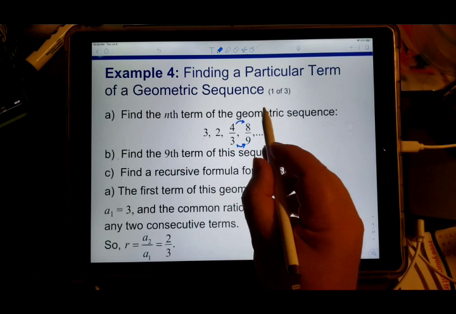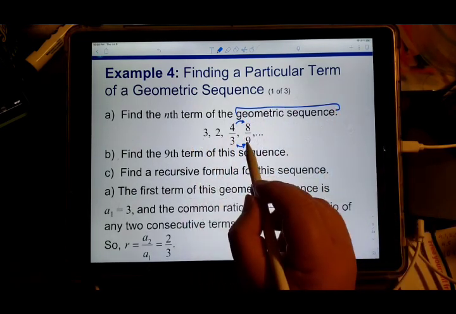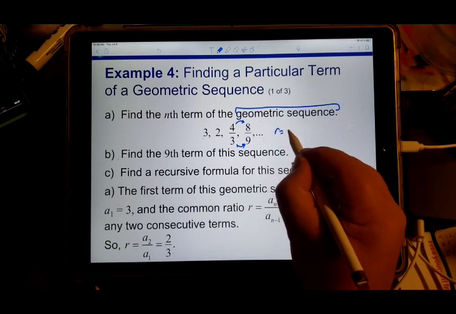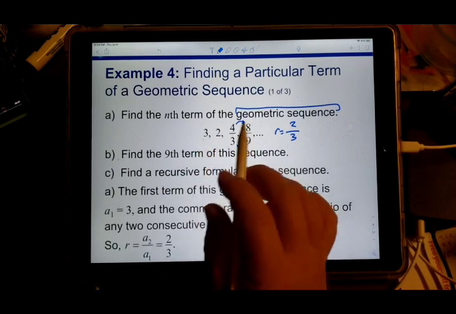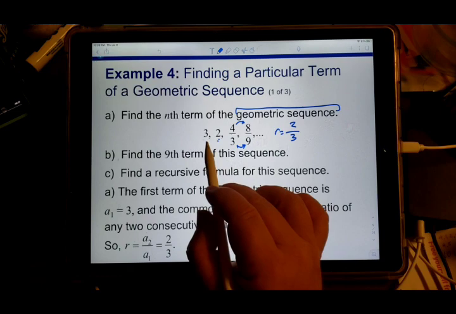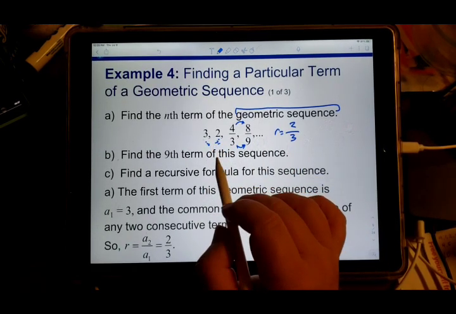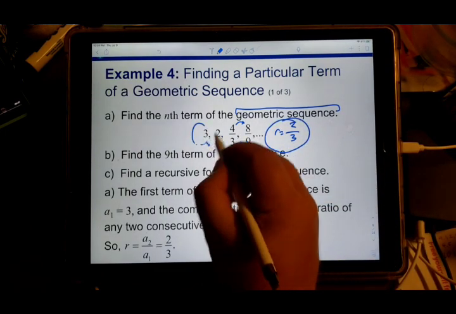And if they tell me it's geometric, then I really don't have to verify that anywhere else. I just know it. I am multiplying by 2 over 3. Now, I could use the formula, this 2 divided by that 3, any term divided by the previous term, which is, in this case, a pretty good way to do it. But you need R, and you need the first term.